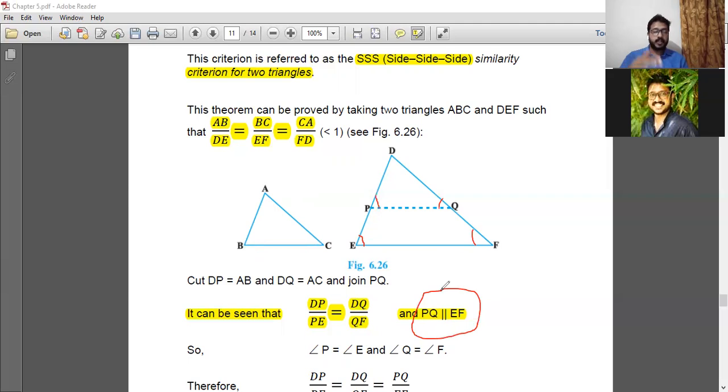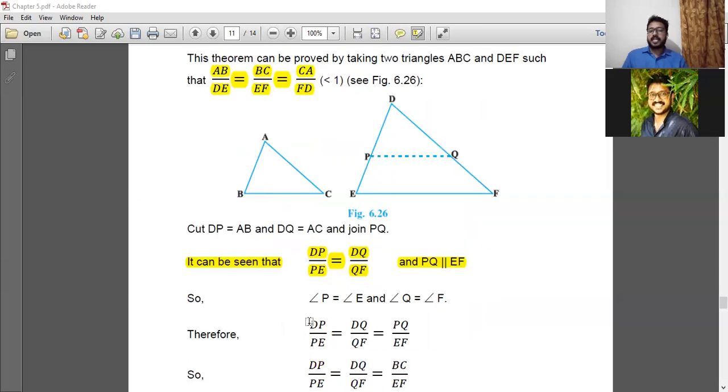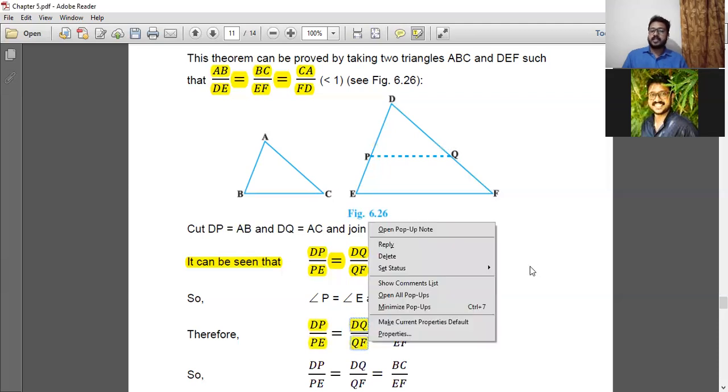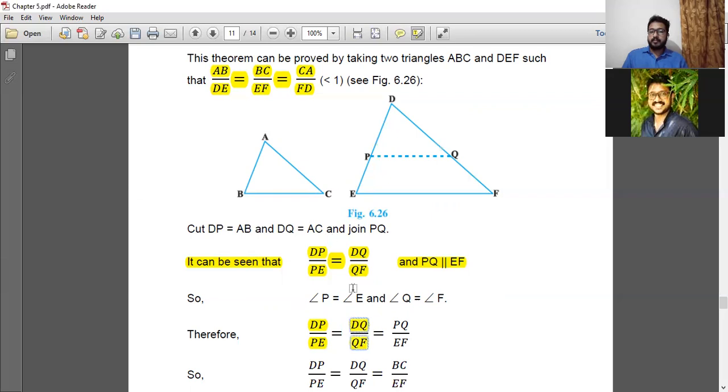So the ratio of corresponding sides should be equal. By applying that theorem, we can write DP by PE is equal to DQ by QF is equal to PQ by EF, where PQ is the third side.